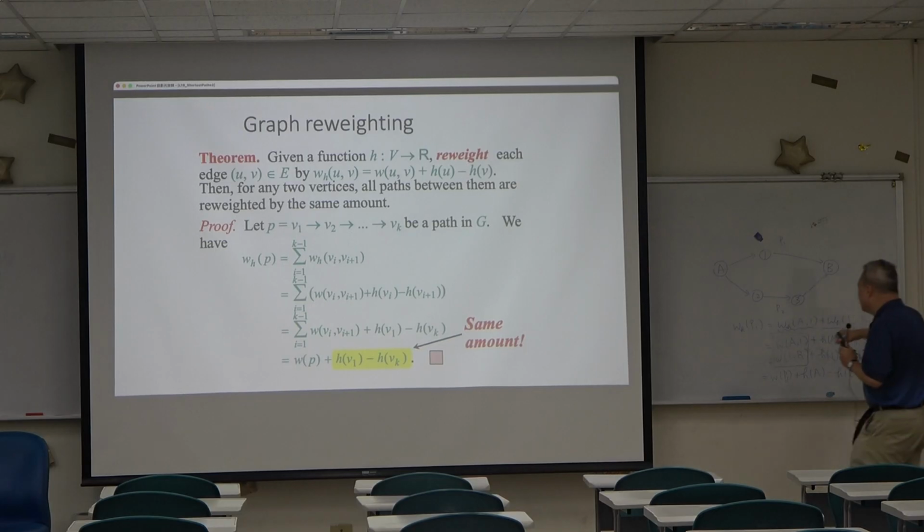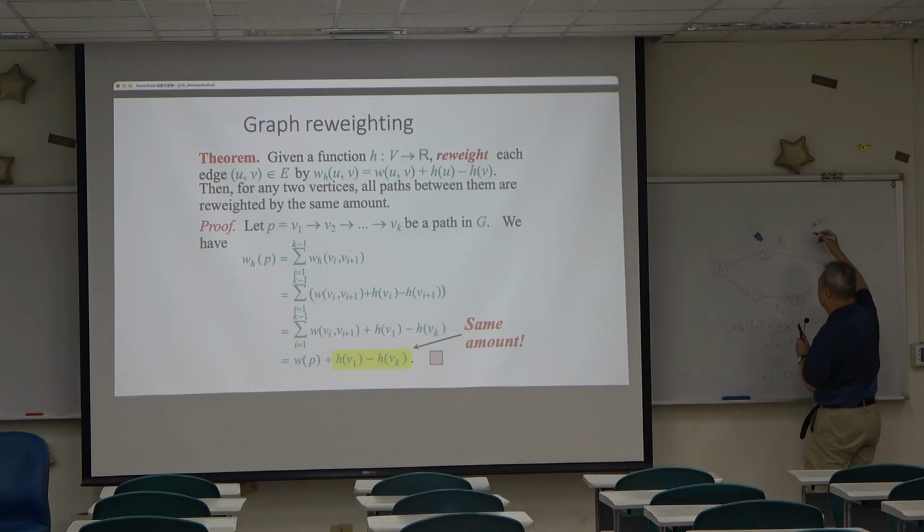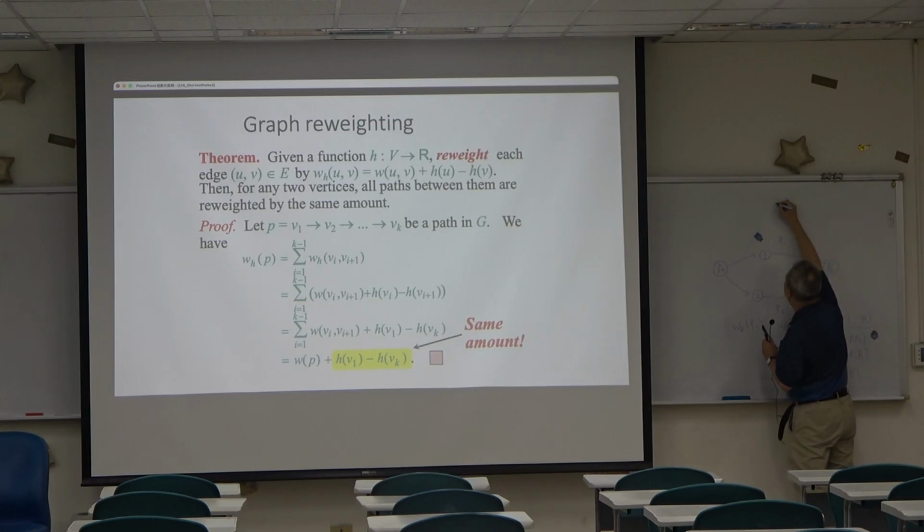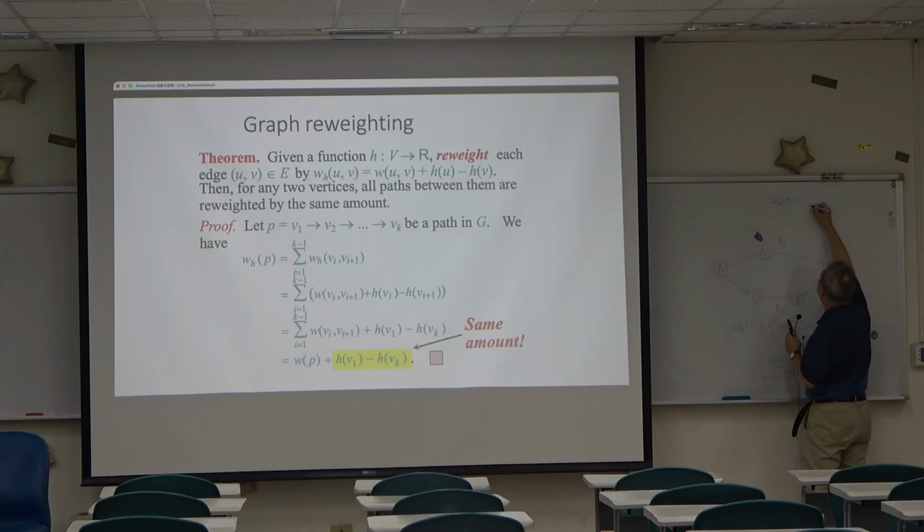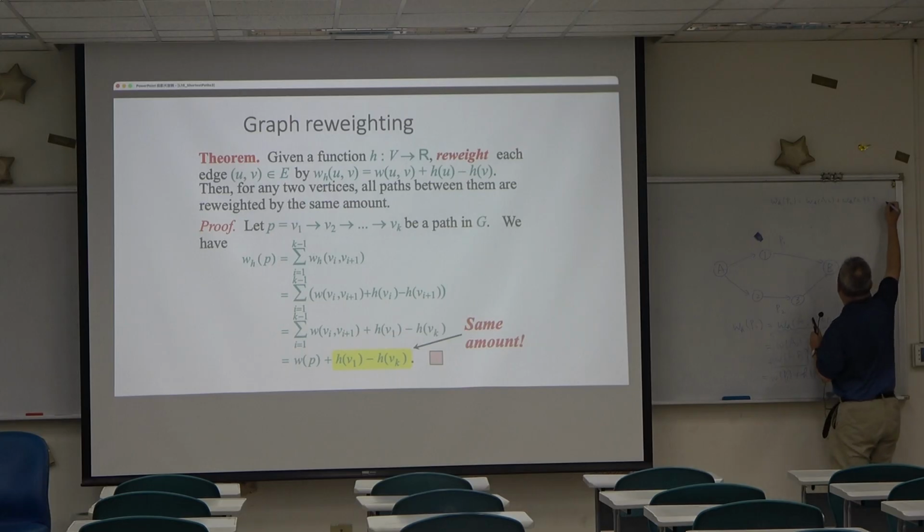For the bottom path, w_h(P2) will be w_h from A to 2, plus w_h from 2 to 3, plus w_h from 3 to B. Not from C to B. The first one will be w(A,2) plus h(A) minus h(2).